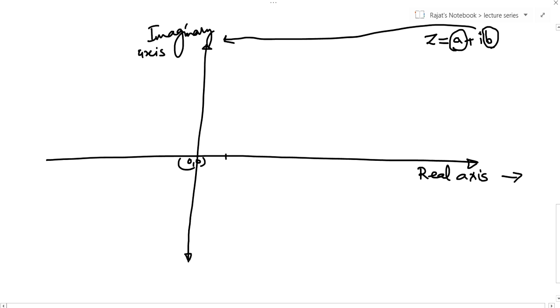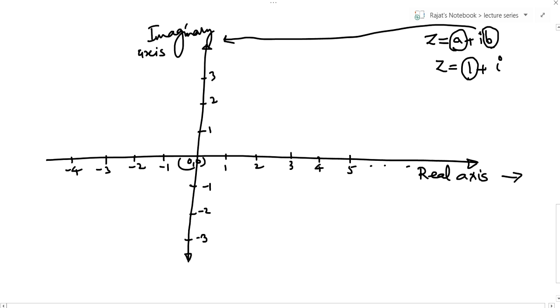Suppose this is the origin. This will be 1, 2, 3, 4, 5, and so on, and minus 1, minus 2, minus 3, minus 4, and so on, on the other axis as well. So you can represent the complex number. Suppose I take the example z is equal to 1 plus i.